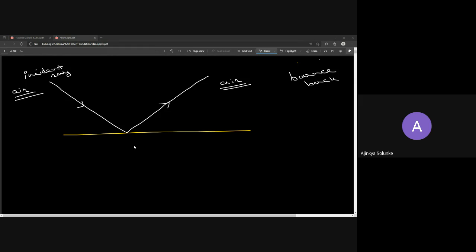Now, give me any example of a liquid or gas. Water. Okay, water is okay. Gas example.